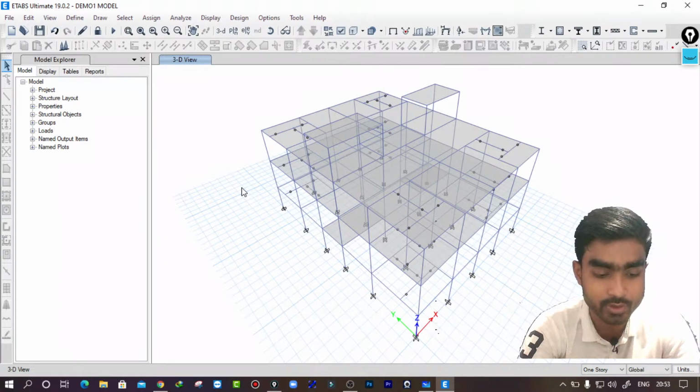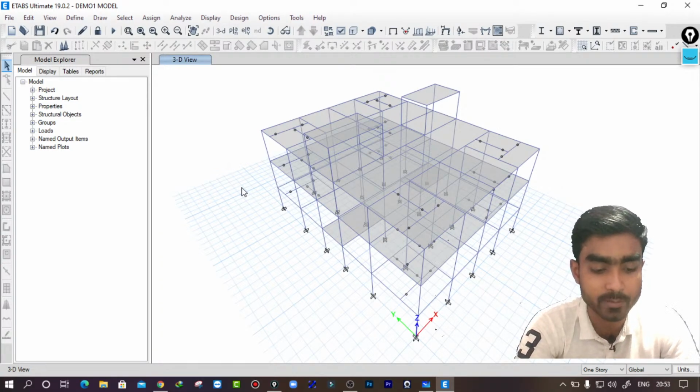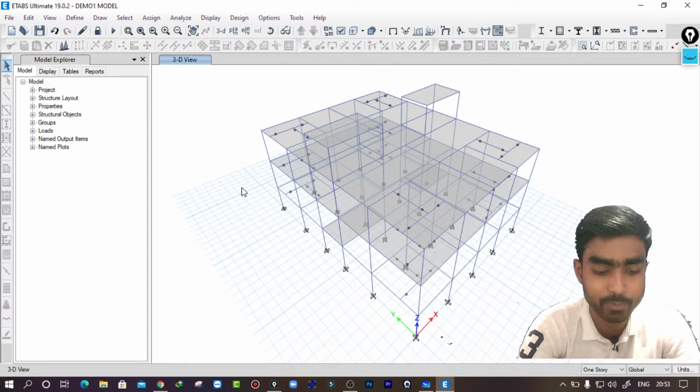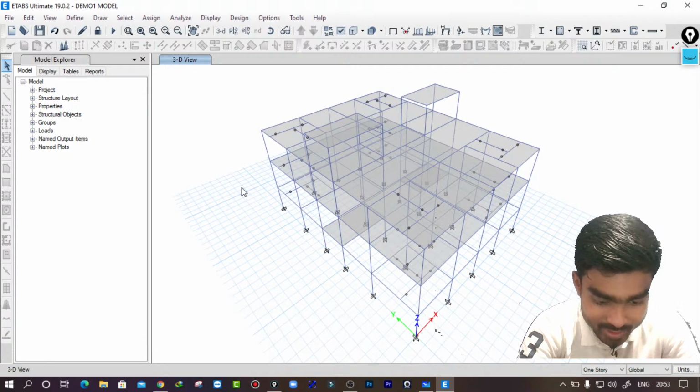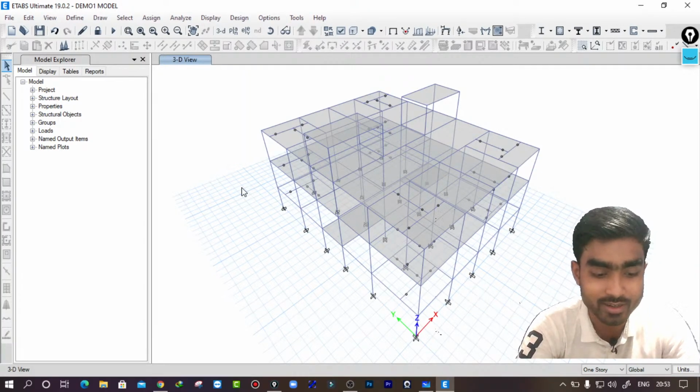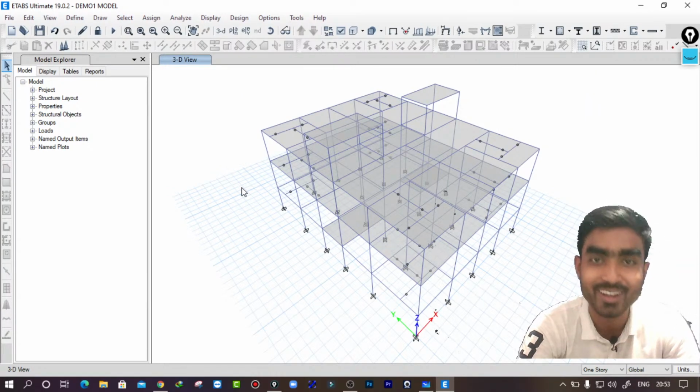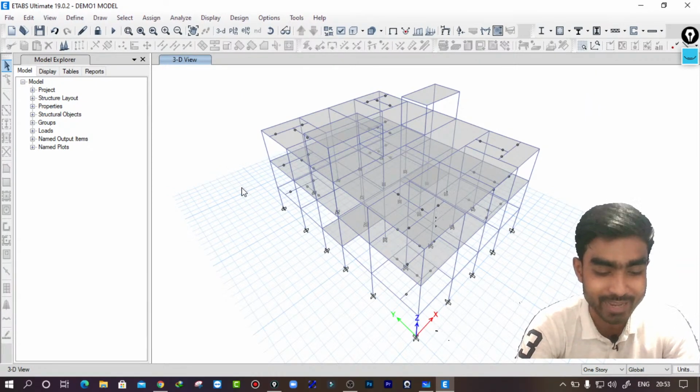So, what is the use of reference load? Yeah, reference load is a concept of STAAD.Pro. Sorry, I am not able to pronounce your name properly.